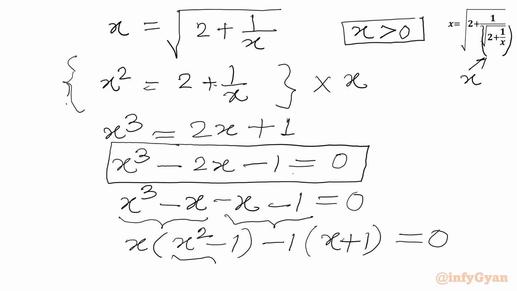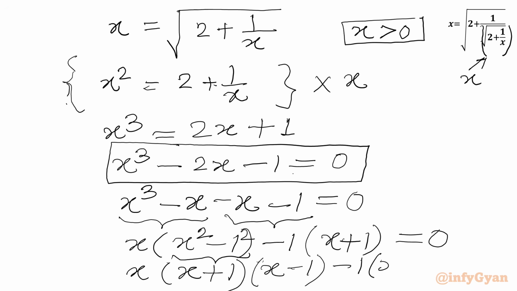Now we will use difference of two squares formula over here. a square minus b square is a plus b times a minus b. So x plus 1 times x minus 1, minus 1 times x plus 1. Now we have x plus 1 overall common. So we will get x plus 1 times x minus 1 minus 1.